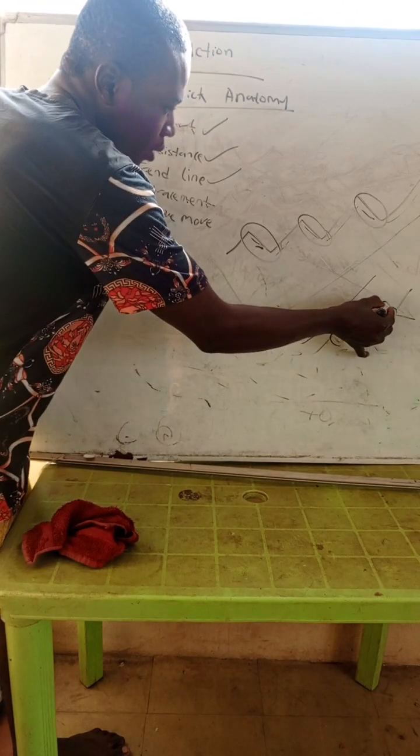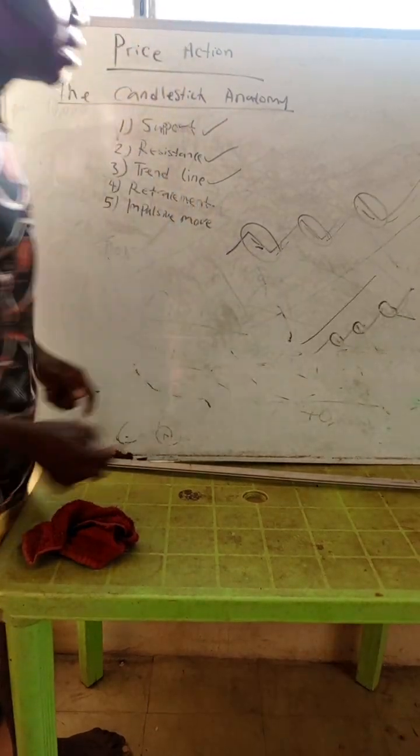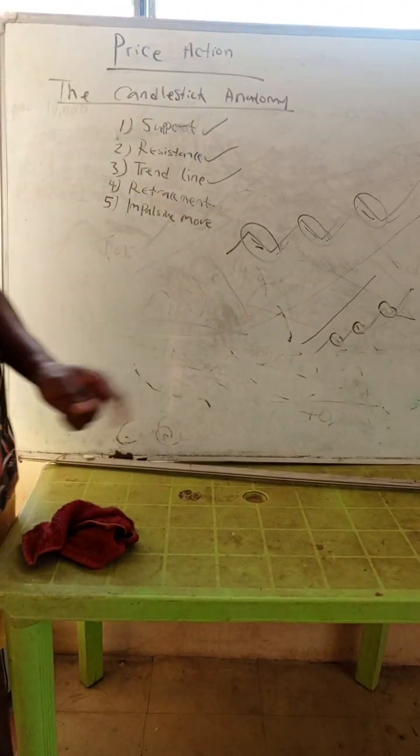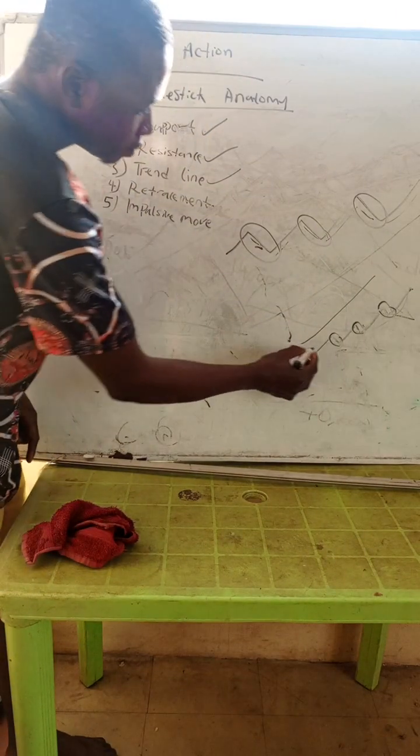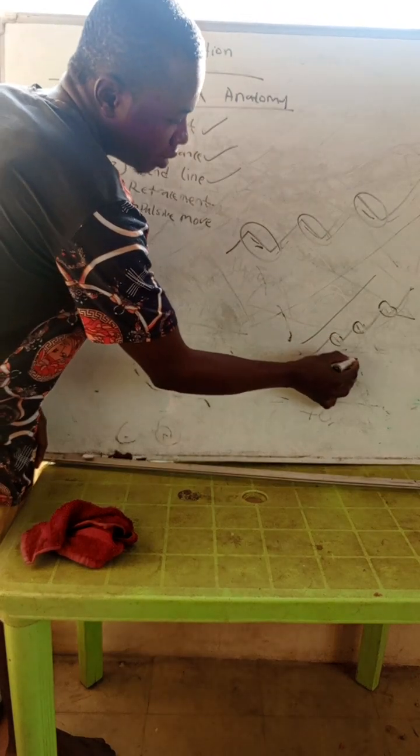Now this makes it possible for the market to be going up. If not, it will be going down. If this one is small and this one is big, the market will be going up; but if it is big, small, big, small, with the down bigger than the up, the market will be going down.